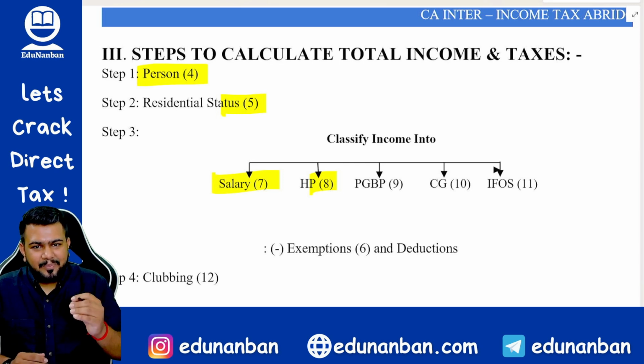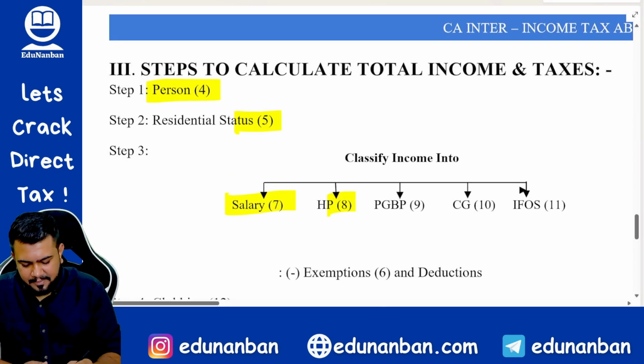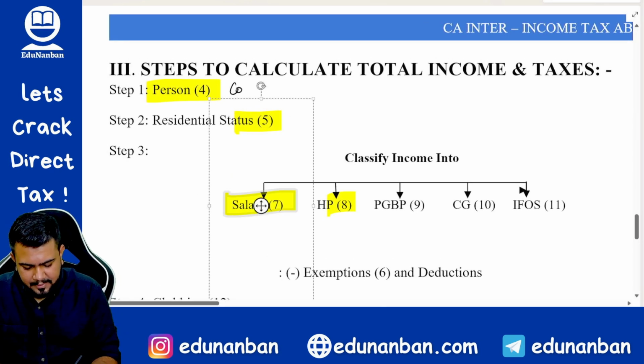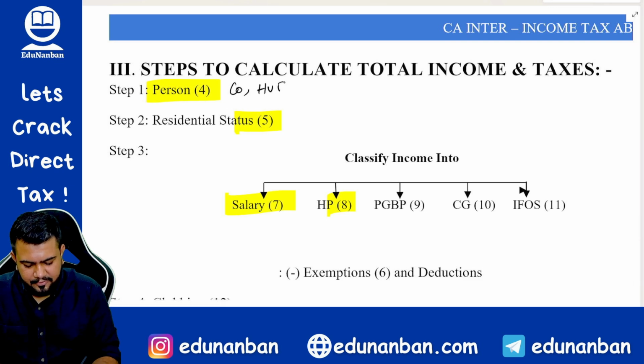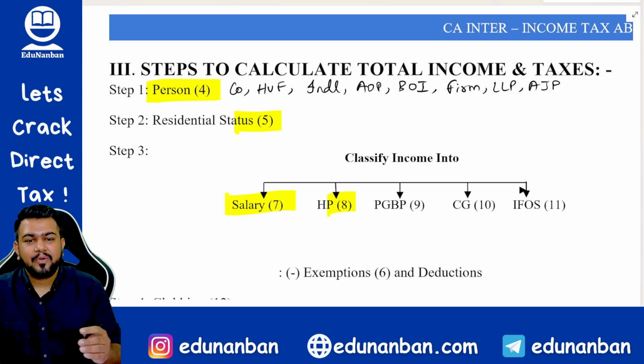Okay? And person has a much wider meaning, because in the Income Tax Act, person includes company, HUF, individual, AOP, BOI, firm, LLP, and artificial juridical person, which we are going to study in the course of the next chapter.